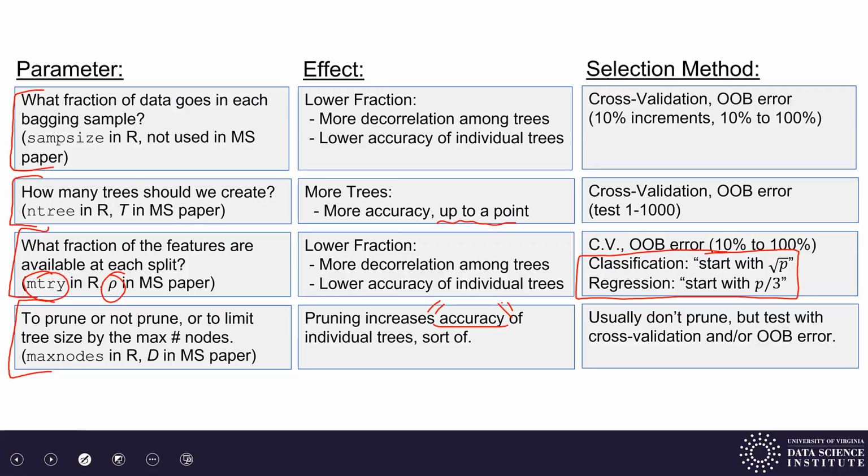So generally you don't prune, but certainly if I was working on a random forest for something I cared about, it was important, and it was a project I was building that was going to be used by somebody, I would try pruning, and I would try not pruning and see what gives me better cross-validation or out-of-bag error results.